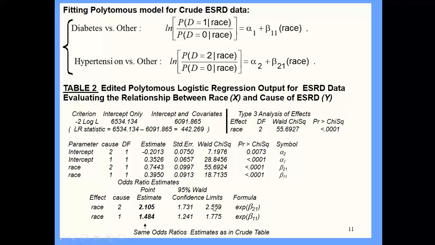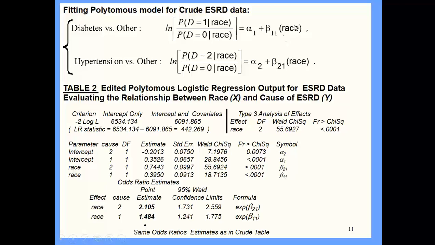What about the test? Is race significant? How do you do that test? Well, it's a likelihood ratio test. You compare the -2 log maximized likelihood for the full model with the model that doesn't have these 2 variables in there.